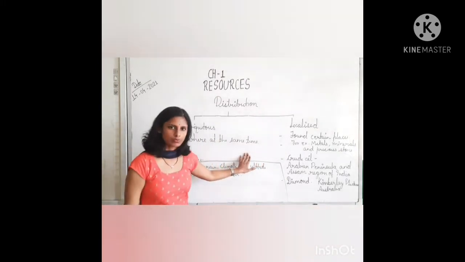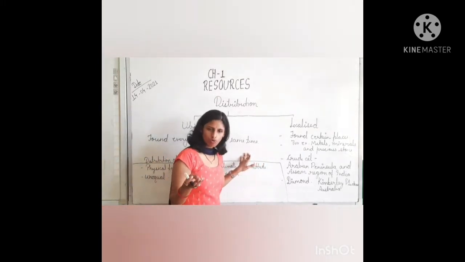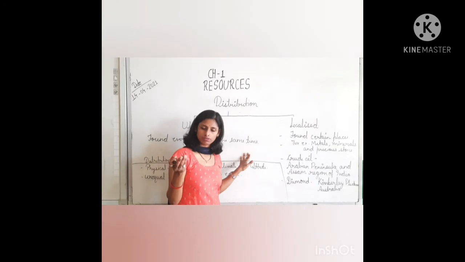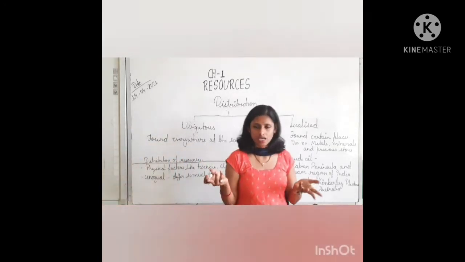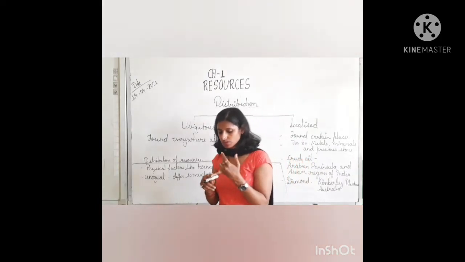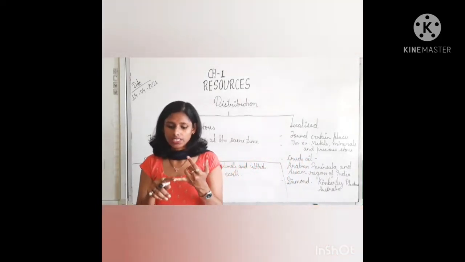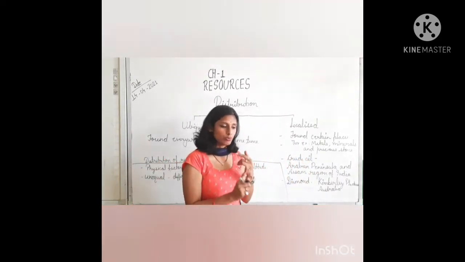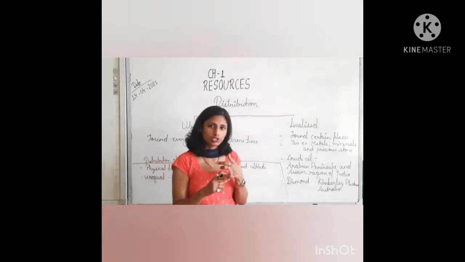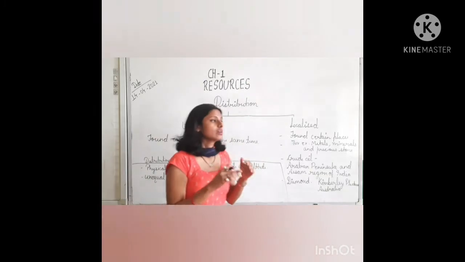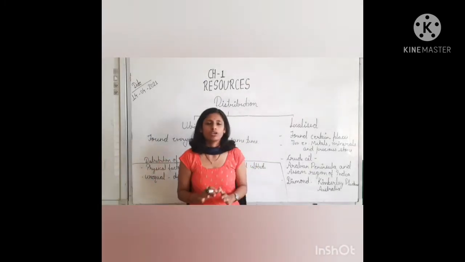For example, air, water and wind. And there are also many other examples, like computers and the mobiles that we are using today, which are also called ubiquitous.